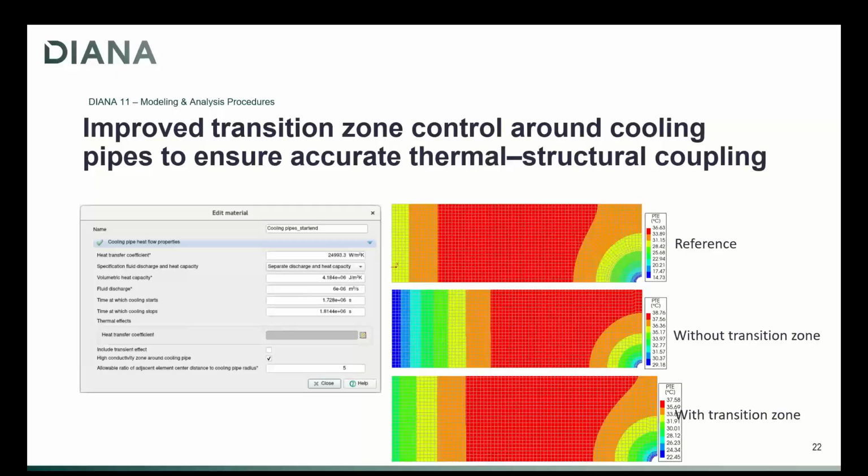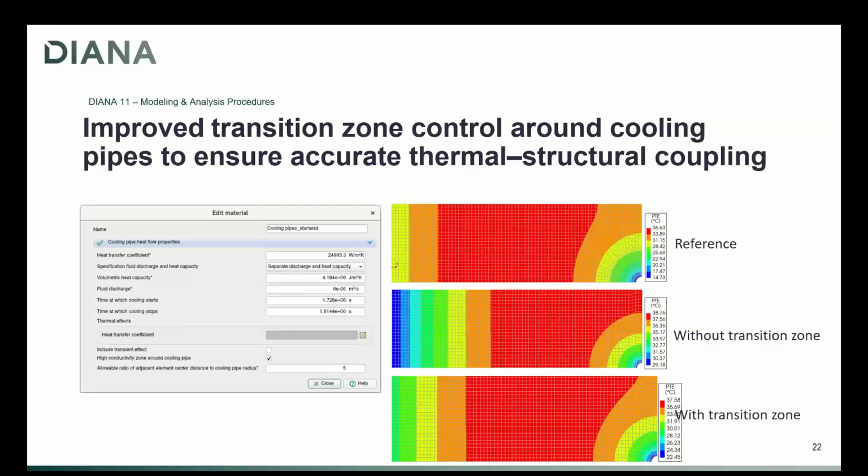Then it can reproduce more or less the same effect as when we explicitly model a cooling pipe. In the picture on the right side, we have tried to make such a comparison. The top picture, which we call the reference, does not use any cooling pipe, but really models it as a steel pipe with similar convective properties on the inner side, and we see it has a certain temperature pattern.